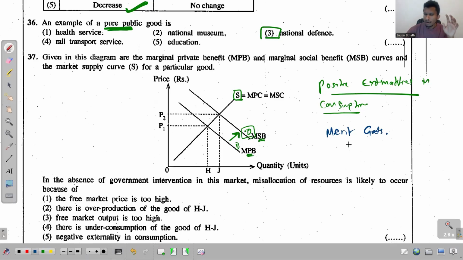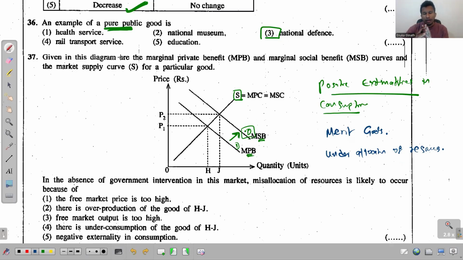And normally what happens, the market allocation of resources to provide these merit goods is very low. So we have under allocation, right? We get under allocation of resources into these merit goods. In other words, we have under allocation of resources for the goods with positive externalities in consumption.